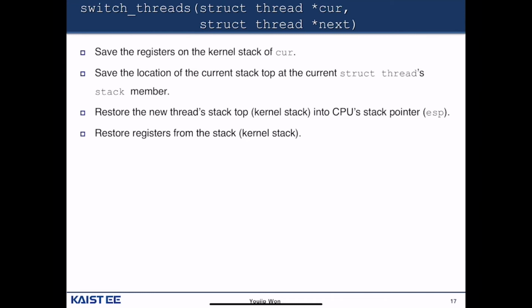And then it saves the location of the current stack top at the current thread's stack attribute. And then it restores the new thread's stack top into the CPU stack pointer. And then, using the newly established stack pointer, it restores the registers from the stack to the CPU.